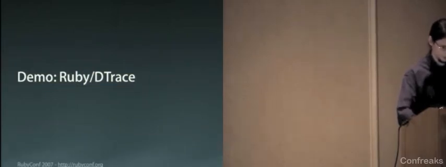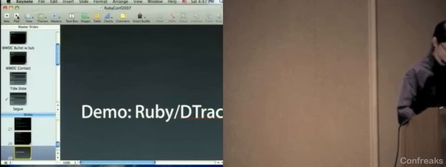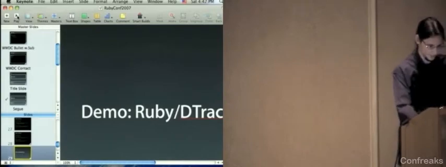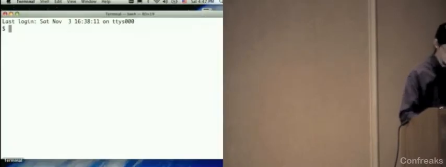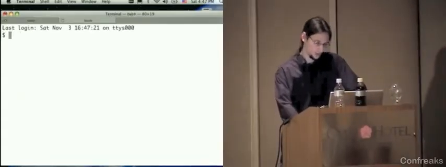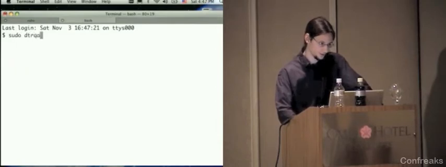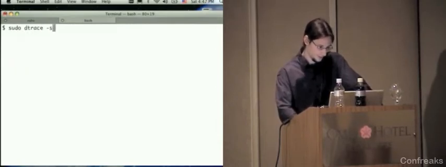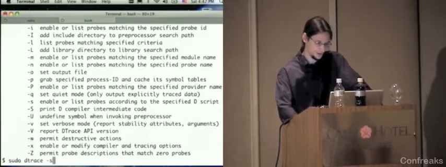I'm going to start IRB and a new tab. No, it's -l. These are all the DTrace probes that are currently available in the system. So we have some stuff in the libsystem.